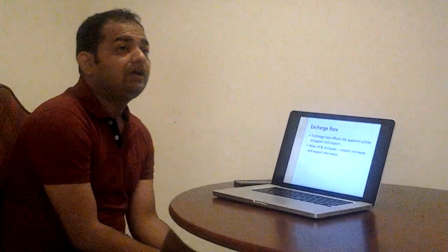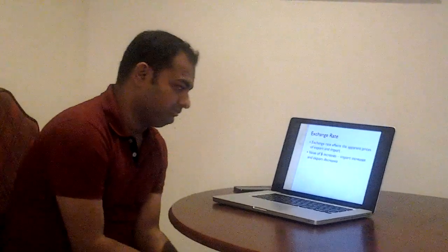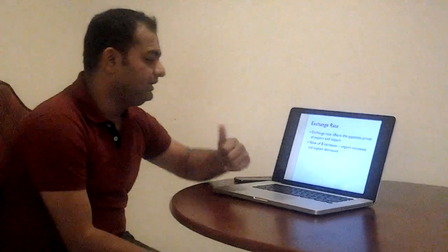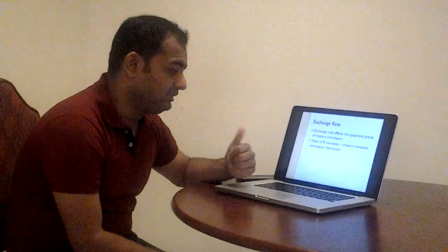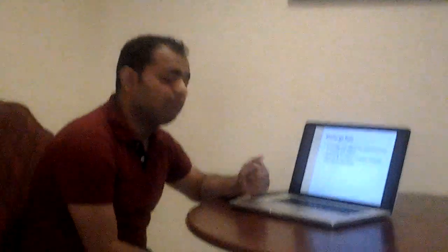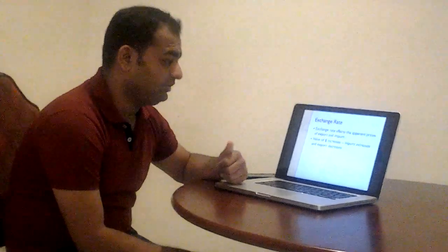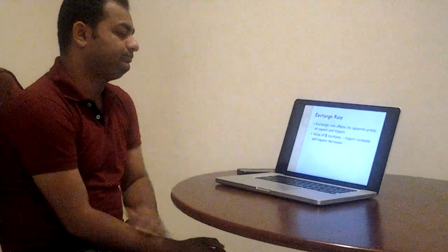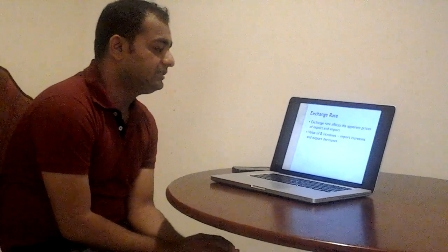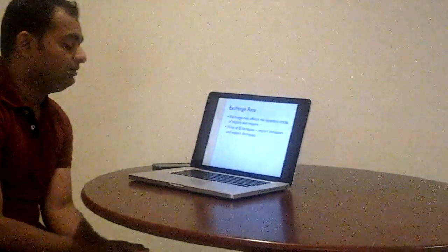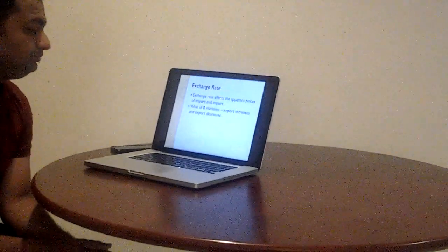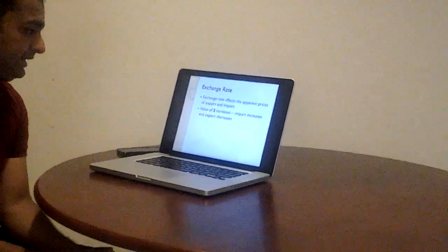This is the exchange rate. So we can conclude that when the value of the dollar increases, import increases and export decreases. This is the import for India, and export is decreasing.